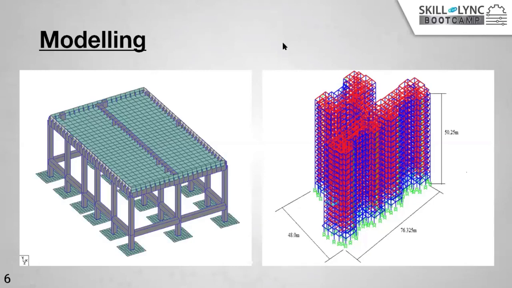So modeling is very important in any software, but you have to learn how to model a structure, and always have a reference. Why are you doing it in such a way, even for a single node or an element? Because in engineering, everything should have a reference.